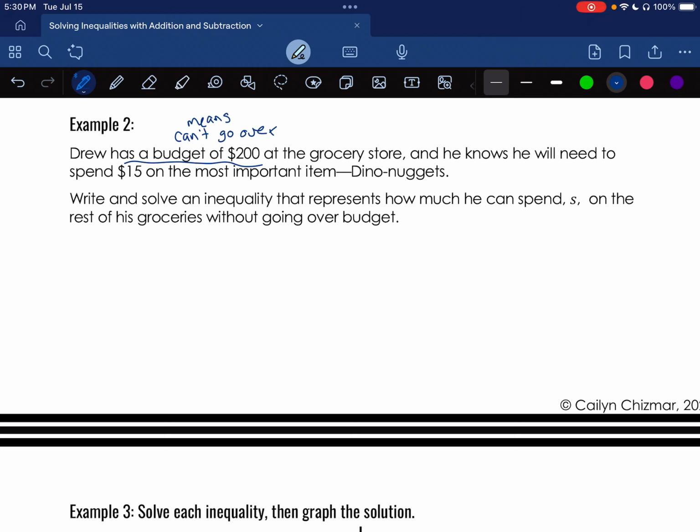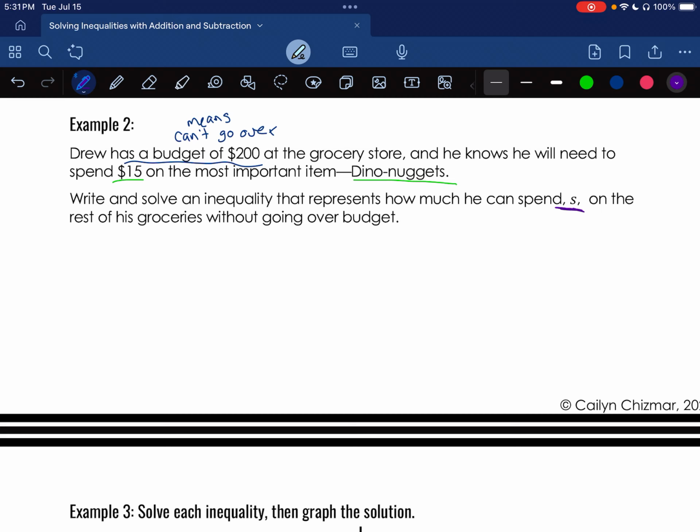All right, so he's going to be spending $15 on dino nuggets. We want to write and solve an inequality that represents how much he can spend, S, so I've already defined the variable for you, on the rest of his groceries without going over his budget. All right.